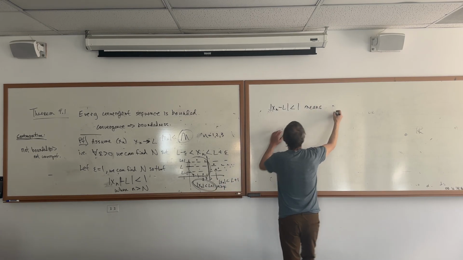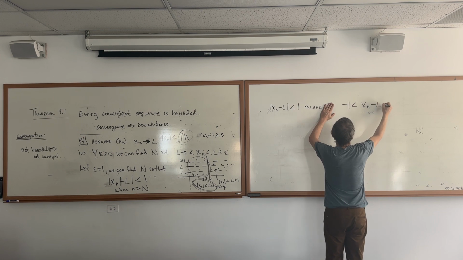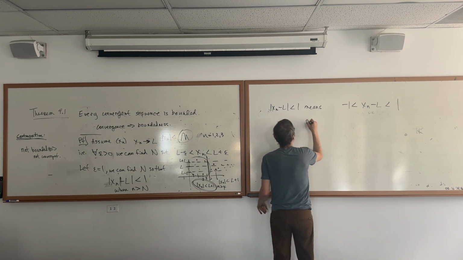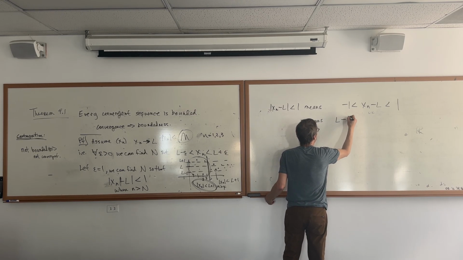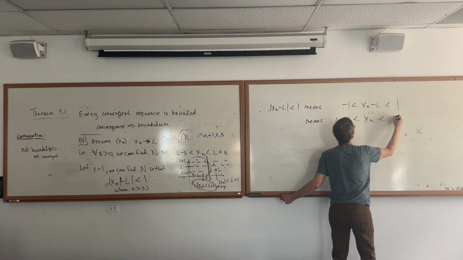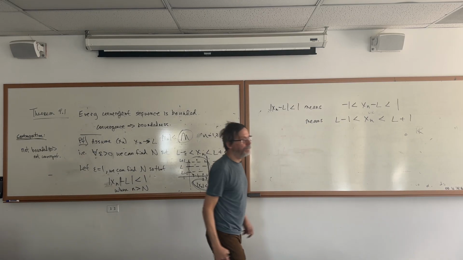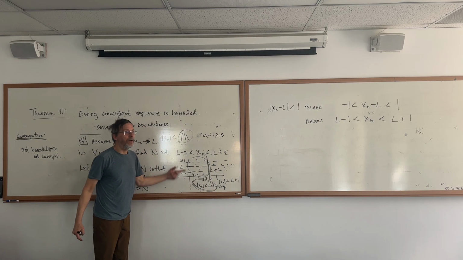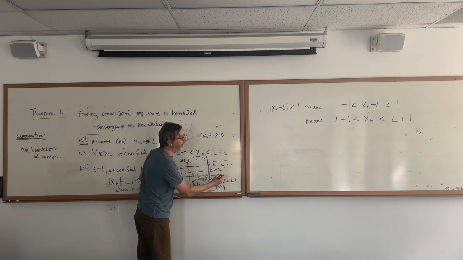This means that minus 1 is less than x sub n minus L is less than positive 1, which means that L minus 1 is less than x sub n is less than L plus 1. So that's kind of this picture right here. And here's the end where they fall inside that strip.